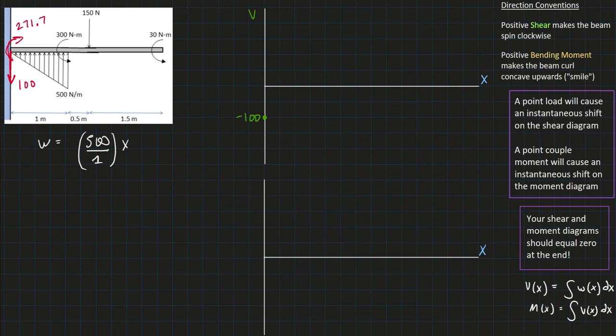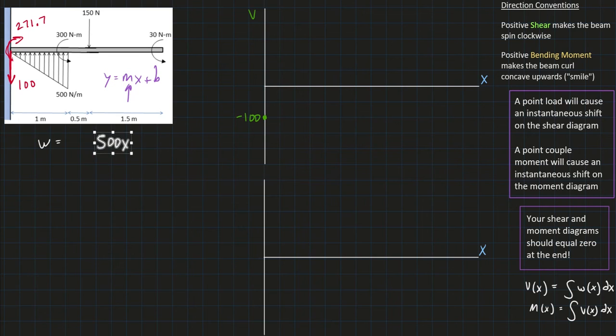Realize what I'm doing here is I'm making a line equation, y is equal to mx plus b. Remember, the m is the rise over the run. My w forces, in a sense, are positive. So this is a positive 500 rise, and the run is 1. So my equation really is just 500x.